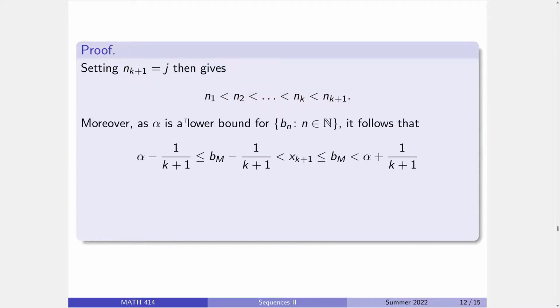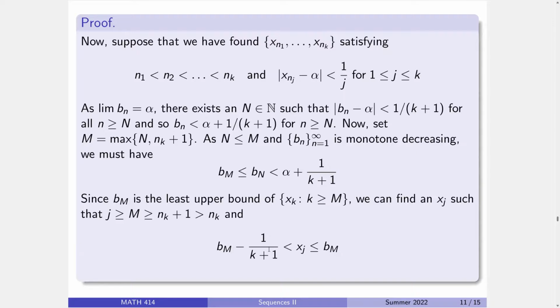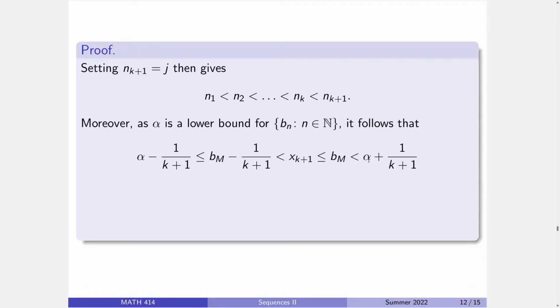And as alpha is a lower bound for all of these sups, that means b sub m is bigger than it. b sub m minus 1 over k plus 1 is strictly less than x sub j, and x sub j is less than or equal to b sub m, which we know is strictly less than alpha plus 1 over k plus 1. So subtract the alpha across, and we get the inequality we seek, and thus we have created our subsequence as desired. Whew. There you go.